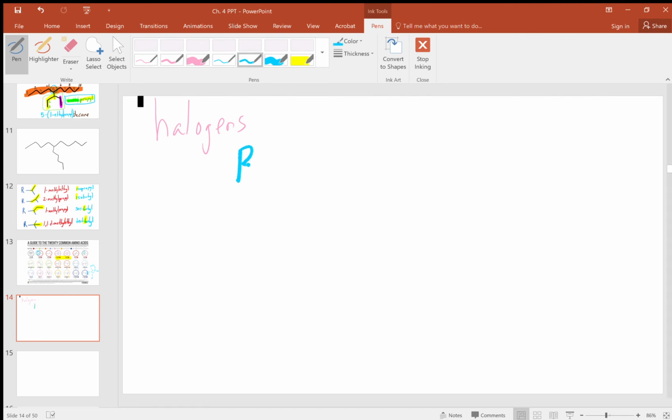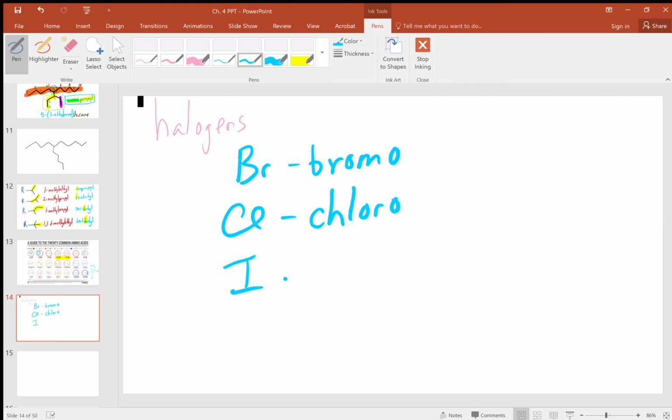If you have a bromine, for example, you follow all the same rules that you would with an alkyl substituent in terms of numbering it as well as alphabetizing it. But to name it, you call it bromo. Chlorine becomes chloro. And I'm sure you've guessed at this point that iodine becomes iodo and fluorine becomes fluoro.